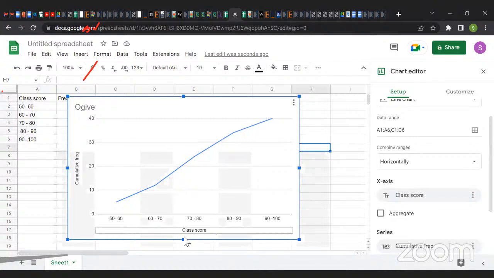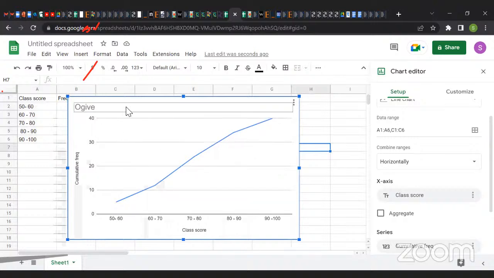So it's here, the class score, and the vertical axis, cumulative frequency. If you want to change anything, change the numbers here in the x-axis. You can change it from here, edit chart. Okay. So, any questions on this ogive chart, cumulative frequency chart?